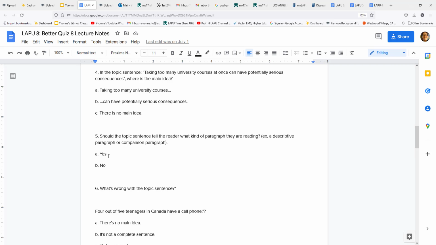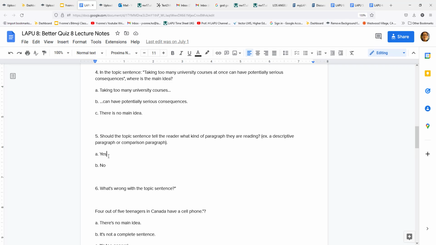That's going to be a descriptive paragraph, because the rest of the paragraph is going to talk about how relaxing it is by the seashore. When the beachgoer sees the waves coming in and out, the rhythm of the waves hitting the shore relaxes the soul, or something like that.